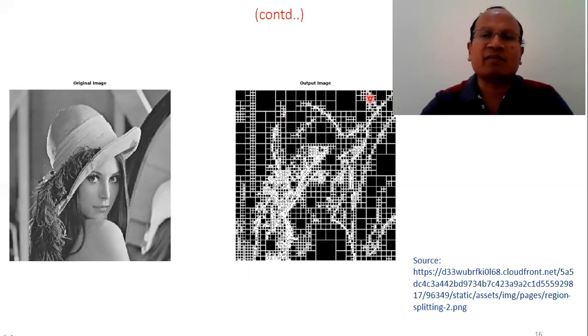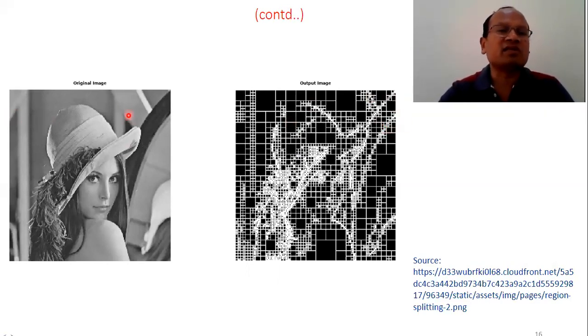There is one more example, which is a real-time image. This is the input image. Look here, the entire image has been segmented. If you visualize this segmented area, you will find this is the Lena image, this lady image. You can see the hat which Lena is wearing.